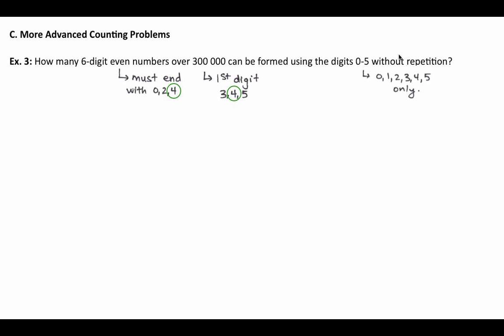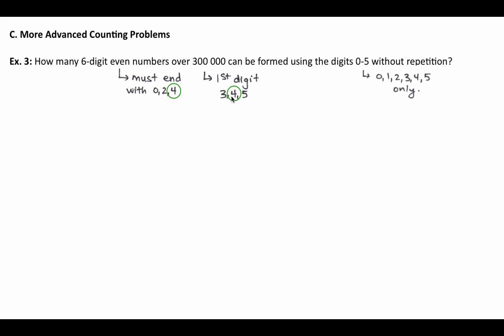But we know that repetition's not allowed, so I can't create a case where it starts with a 4 and ends with a 4. Because they have to be mutually exclusive, and right now they're not, I have to create scenarios where I can separate out these cases so that I can avoid the overlap.